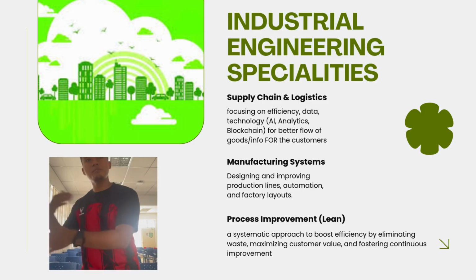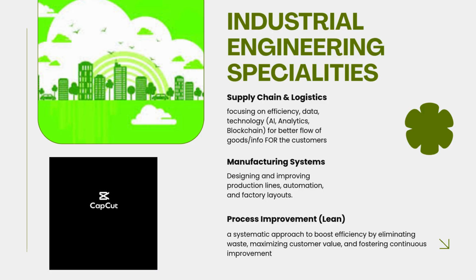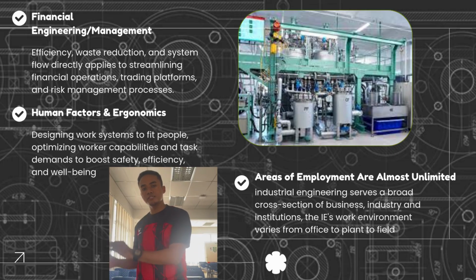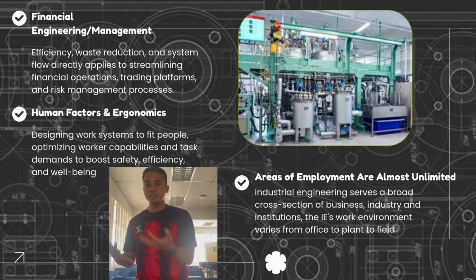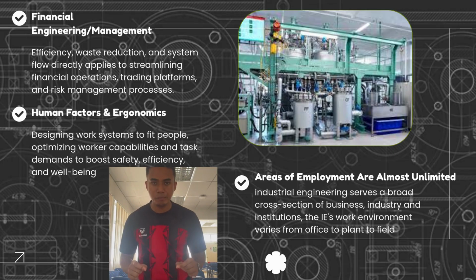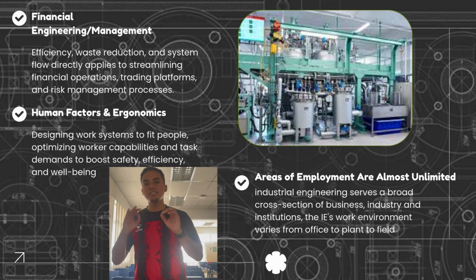By using this approach, it will maximize the customer value and foster continuous improvement. From the efficiency, from the waste management, from the good flow of the system, we directly get financial benefits. So we reduce the cost, reduce the risk, and this is a benefit of IE in production.